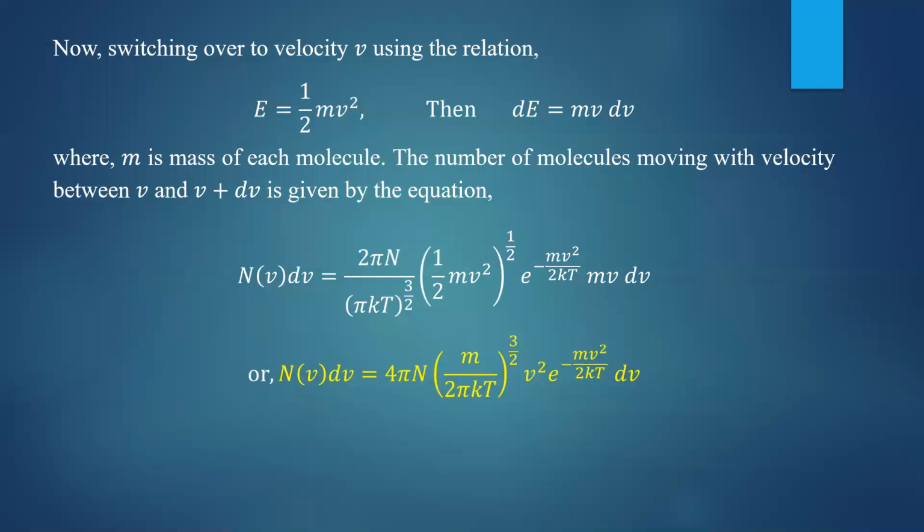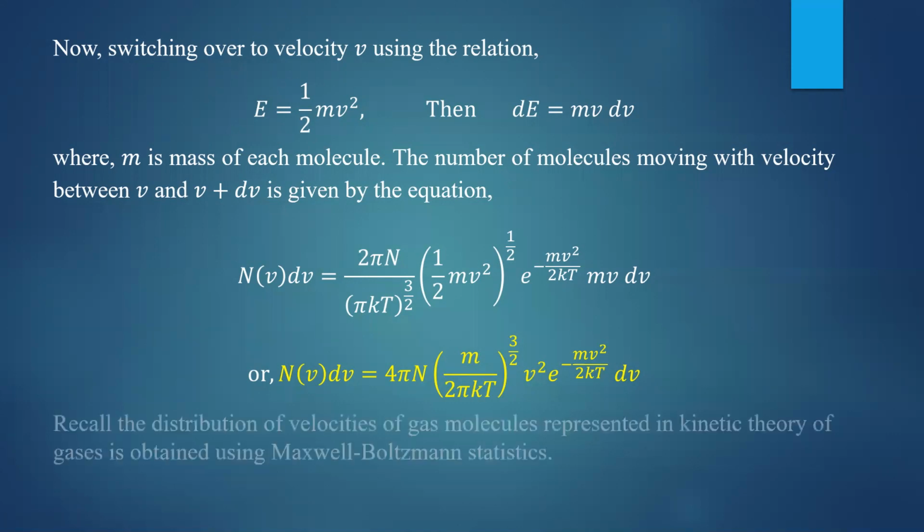So therefore, finally you will get n(v) dv, which is equal to, if you rearrange, 4 pi n into (m divided by 2 pi kT) to the power 3 by 2, into v square into e to the power minus mv square divided by 2kT into dv.